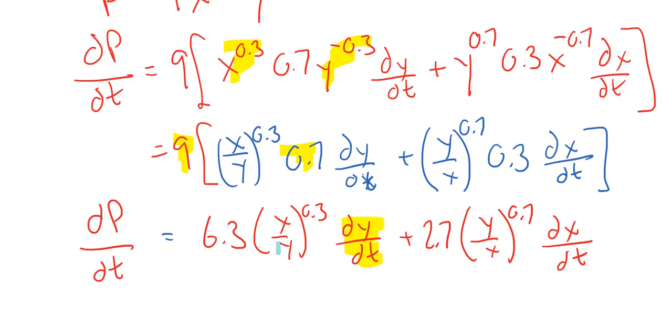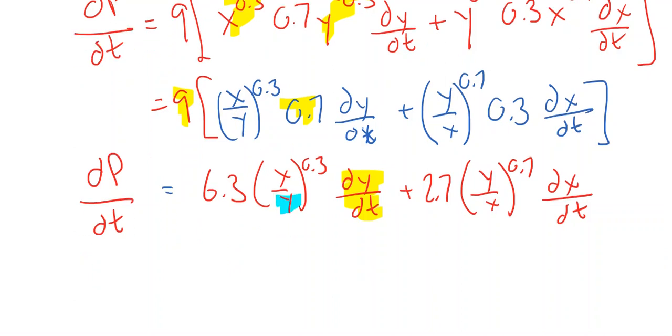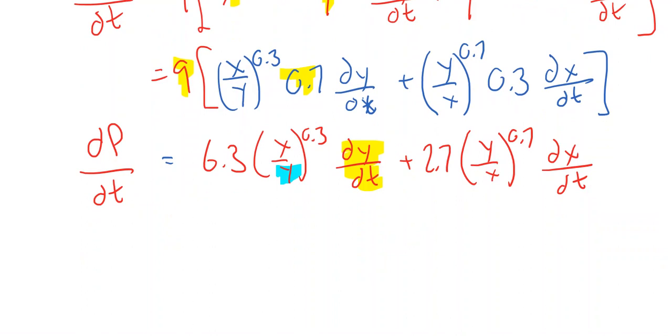So we need to find y. To find y, we go back to our original equation, P equals 9x to the 0.3 y to the 0.7.